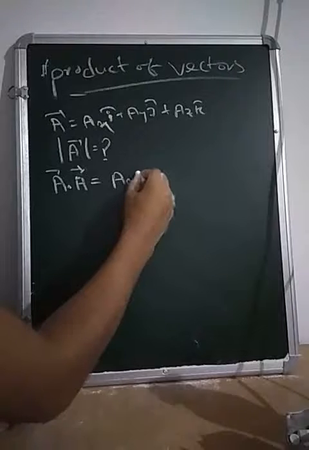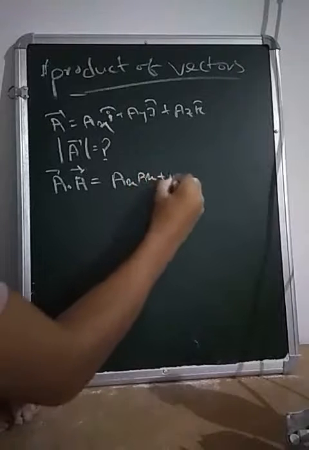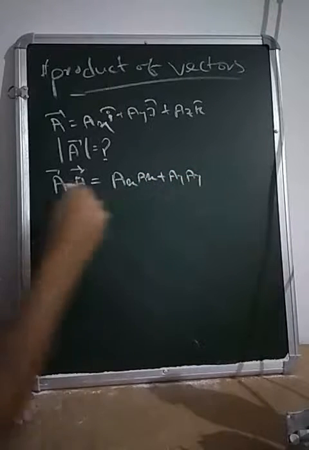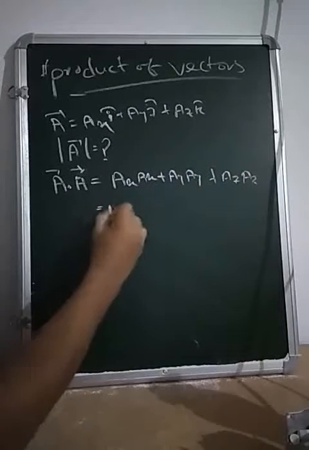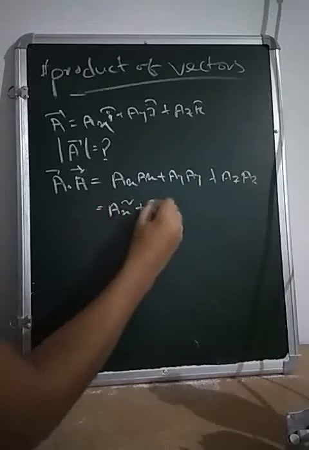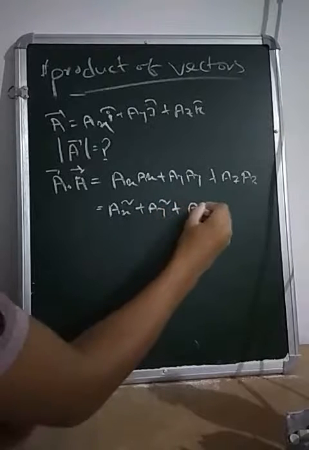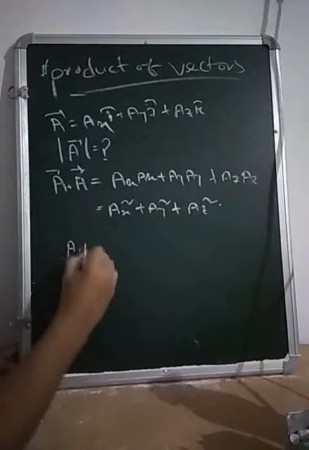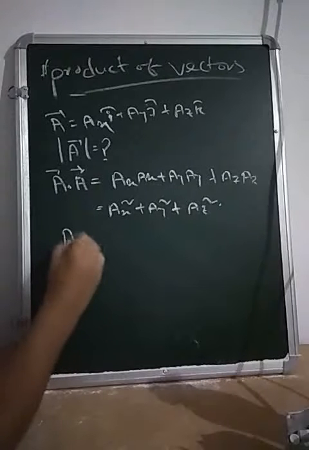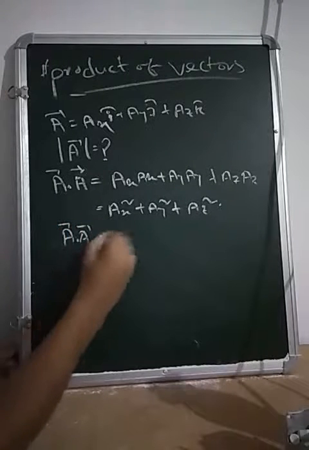So ax into ax plus ay into ay plus az into az, or ax square plus ay square plus az square. Okay, or A dot A is what?